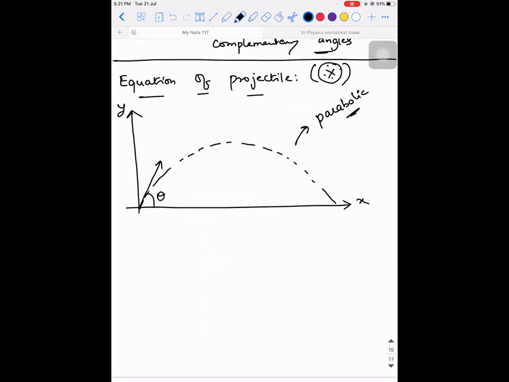So if I take this angle as theta, then this will be u cos theta, and this will be u sin theta. All right, this point is clear.